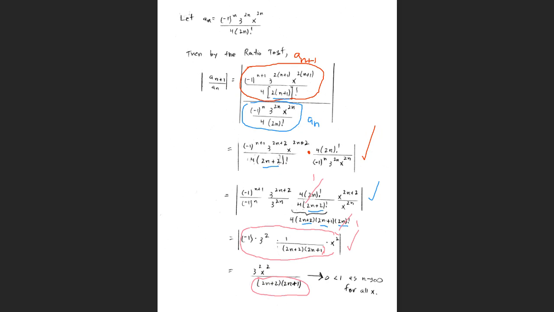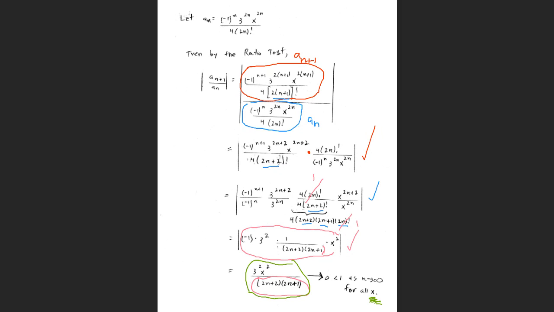And that means the fraction, which is 3 squared times x squared divided by 2n plus 2 times 2n plus 1, is going to approach 0, which is less than 1 for all x. For all x. So no matter how big the value of x is, whatever it would be, the denominator is going to go to infinity.